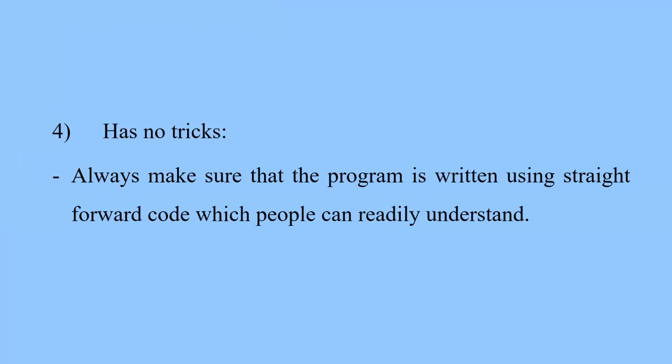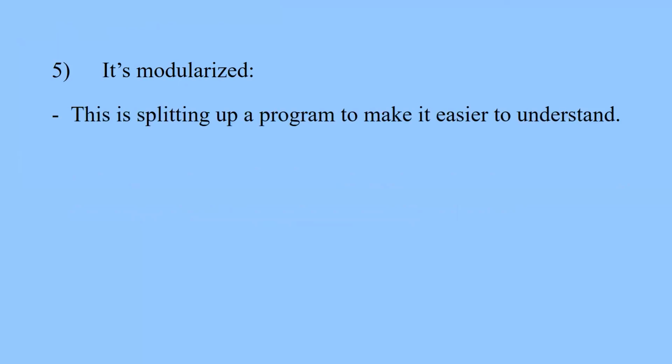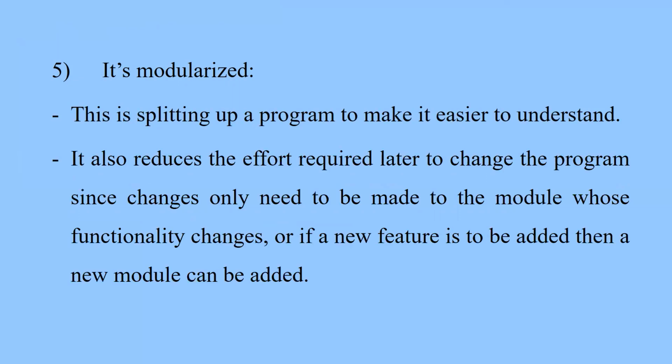Number four, ensure that your program has no tricks. Ensure that it is written using straightforward code which people can readily understand. In addition, you should ensure that your program is split up into portions in order to make it easy to understand, especially if it's a large program. That is modularization.